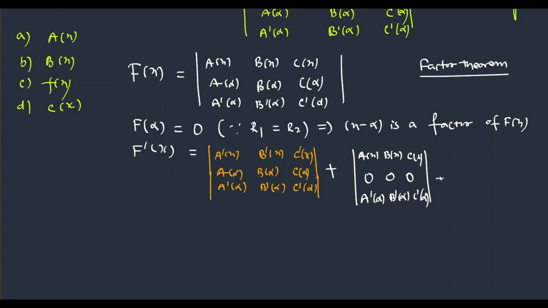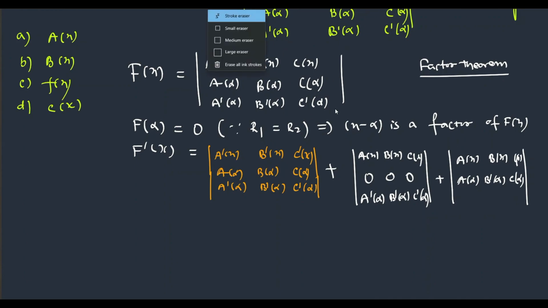At a time you can do the derivative of only one row or one column. So first row fixed ax, bx, cx. Now the second row is also fixed a alpha, b alpha and c alpha, but in the third row, the constant's first order derivative is taken, and in the place of x we have alpha, so these values are constants, so these will become 0.